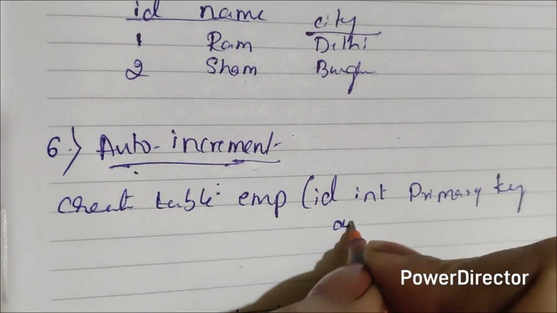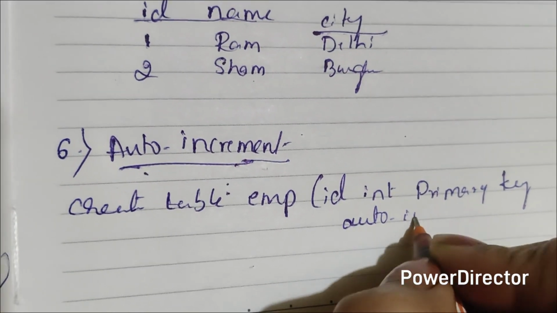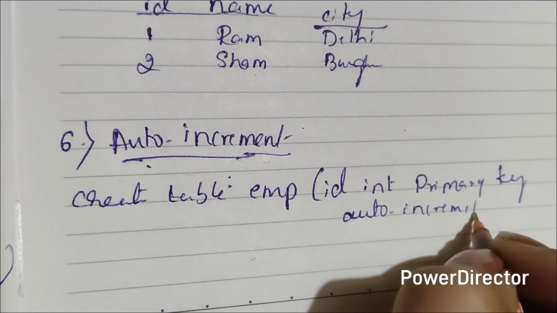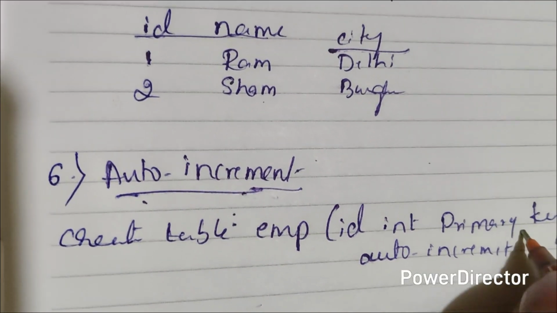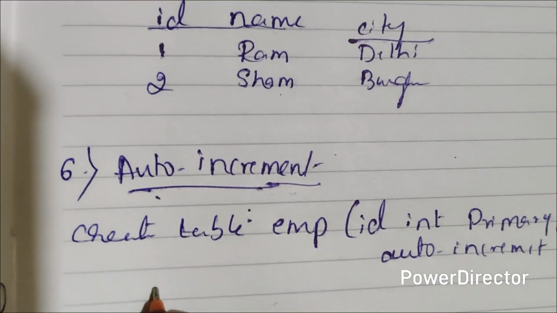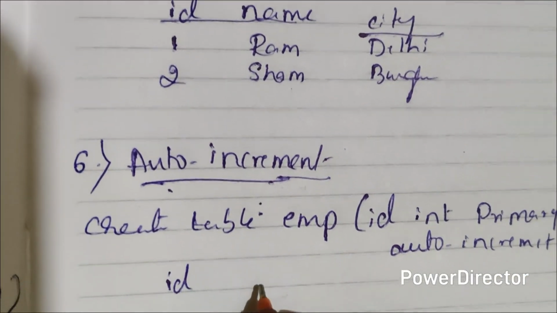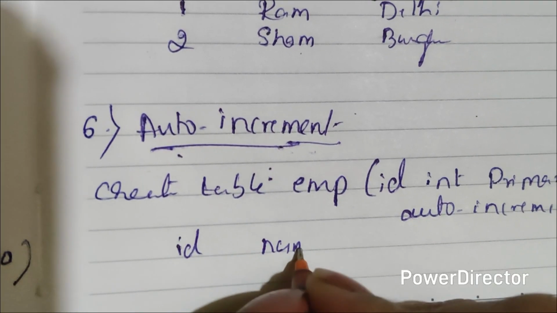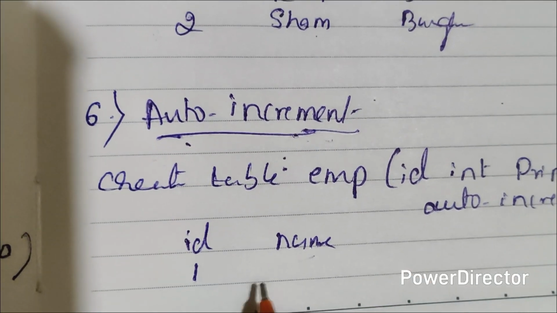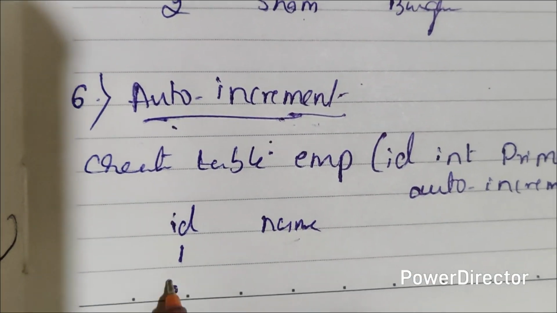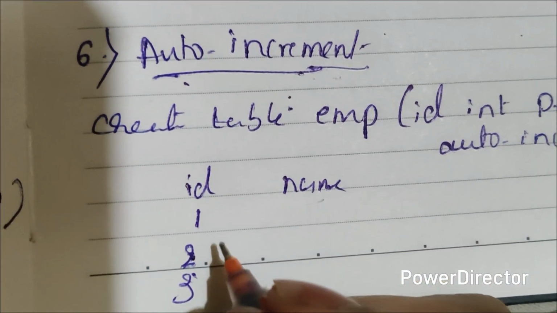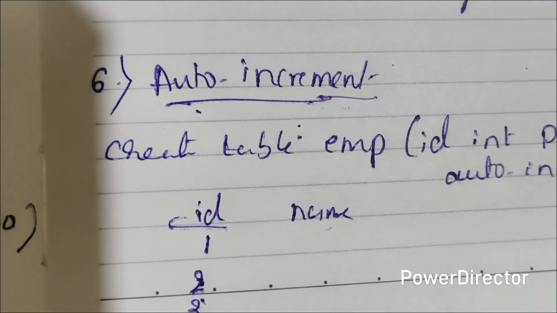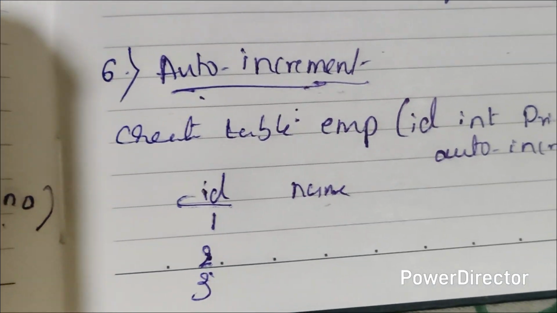And I'm writing auto increment. If you are writing auto increment, then ID, name. Suppose if you are inserting like this, then by default the value of this particular attribute will be going to be incremented by 1 automatically.